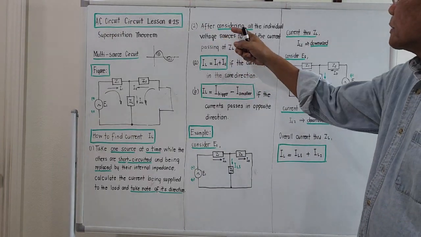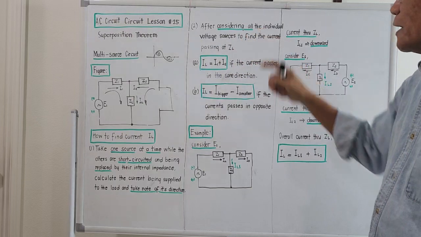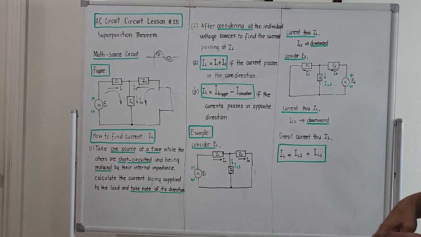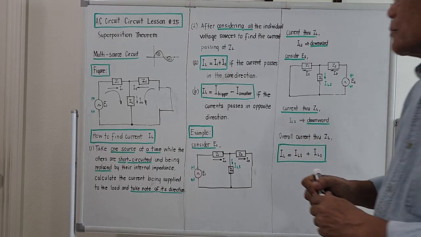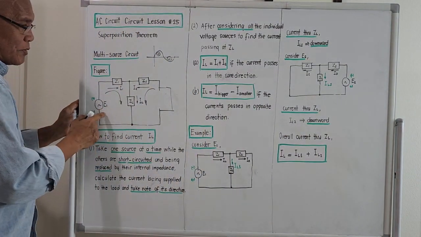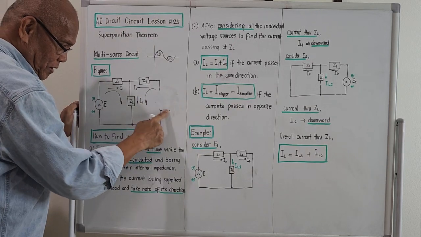Number 2, after considering all the individual voltage sources to find the current passing through ZL, it's like this. We consider already source number 1, we shorted source number 2, okay?